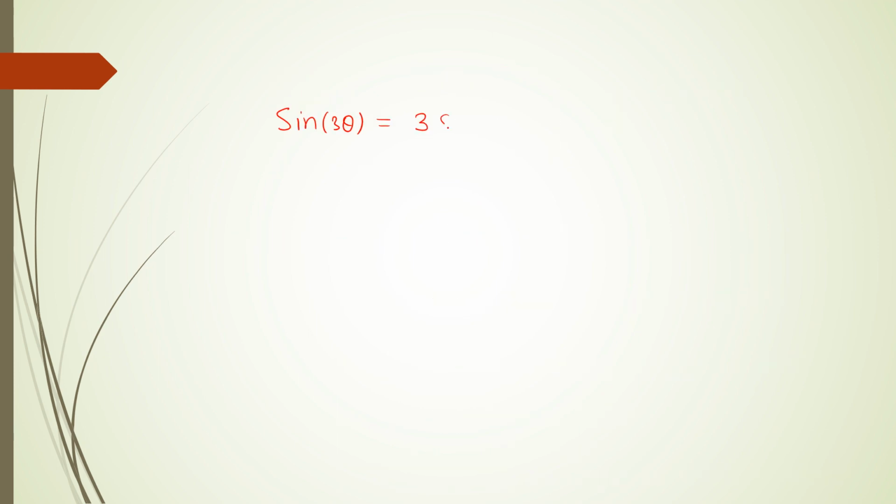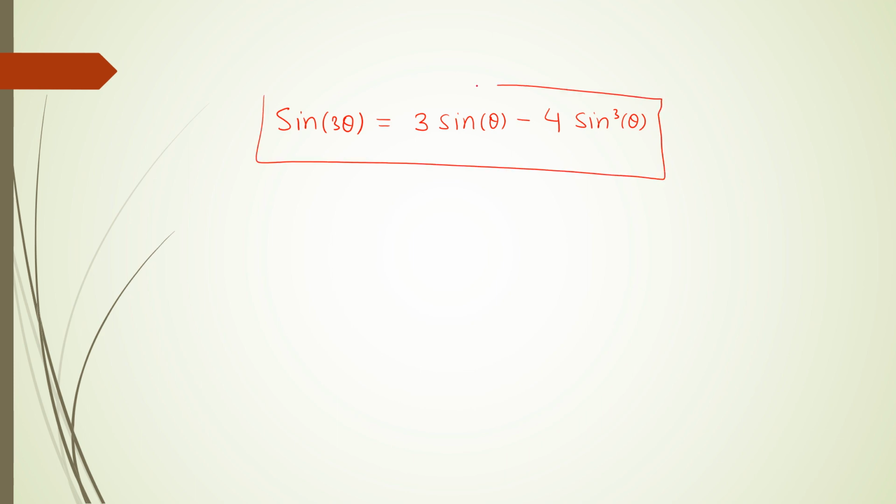So sin of 3 theta equals 3 sin theta minus 4 sin cube theta. This is our fourth formula.